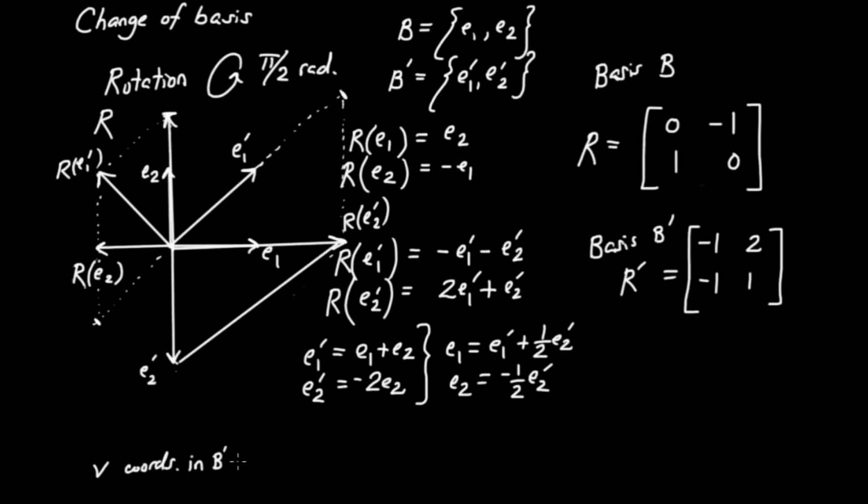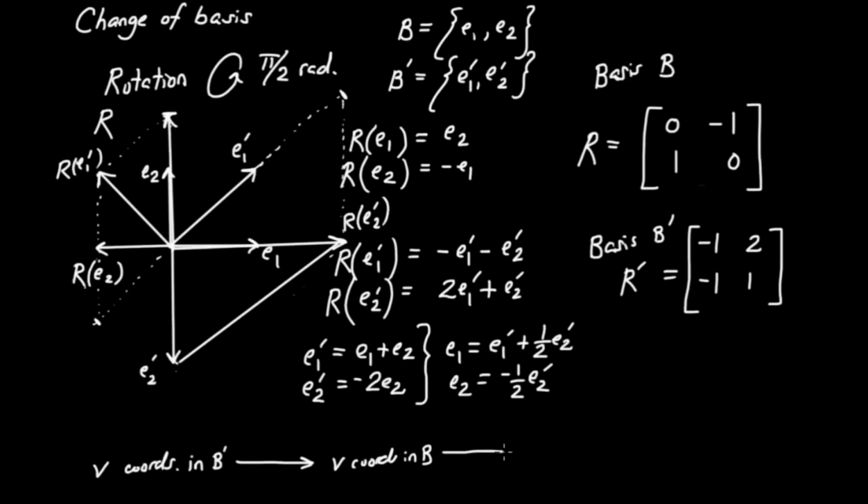Now suppose I had some transformation that would convert the coordinates in B prime to the coordinates in B. Well, if I can do that, that's convenient because I already know what the corresponding matrix representation of the linear transformation is in this basis.